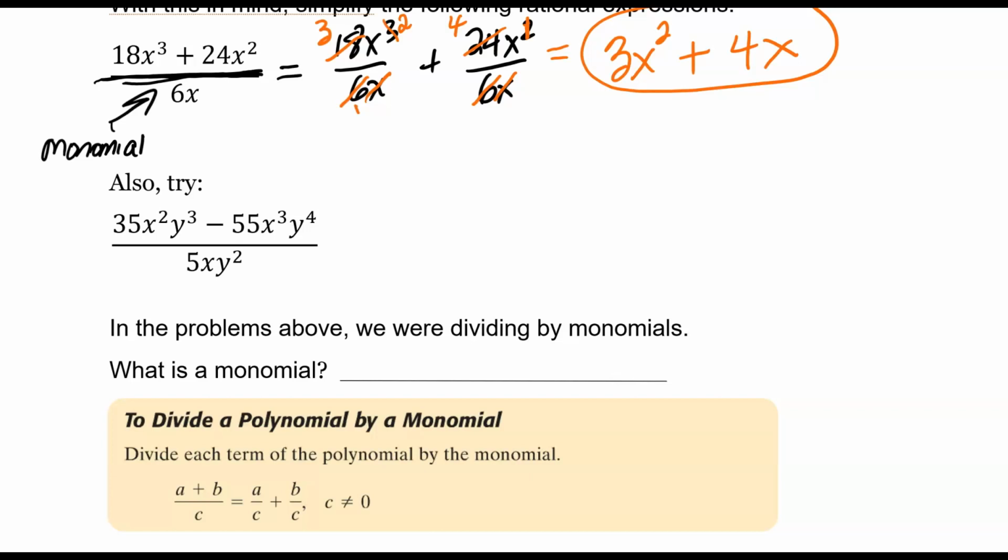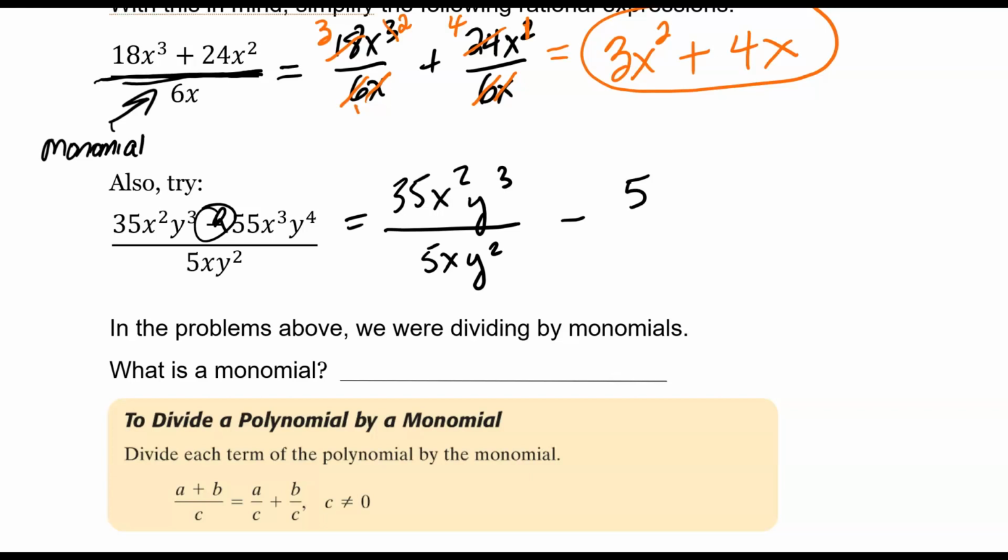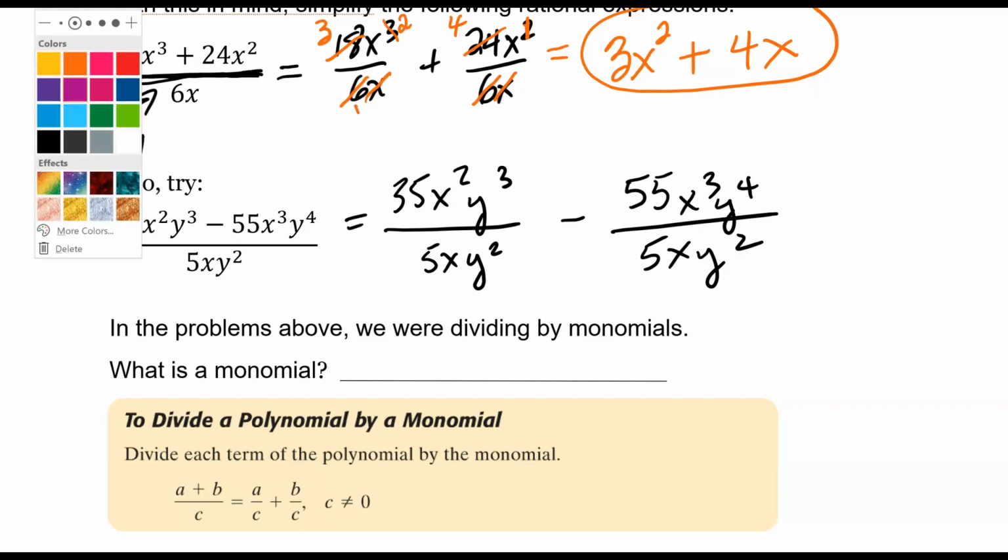So we can split this up as 35x squared y cubed divided by 5x y squared minus, since this is a minus this time, minus 55x cubed y to the 4th divided by 5xy squared.